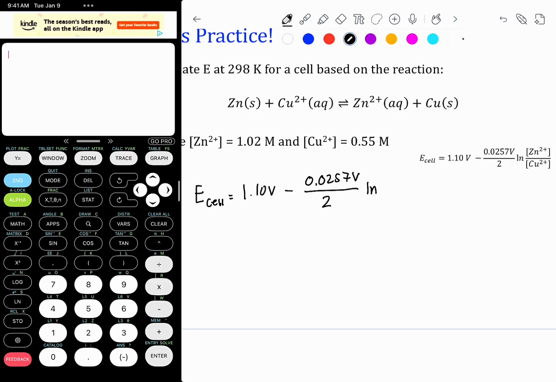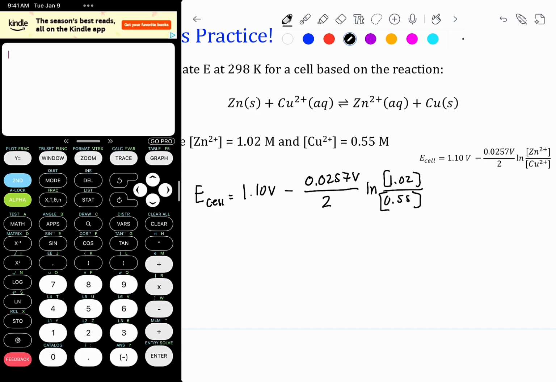And now we're going to do our natural log of our concentrations, our product over our reactant concentrations. So our zinc ion concentration is 1.02, and our copper ion concentration is 0.55. So now we have all of these variables, we can go ahead and solve this problem.